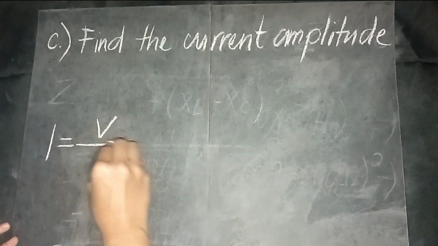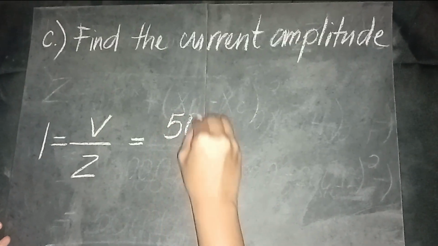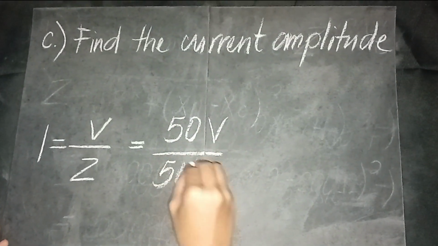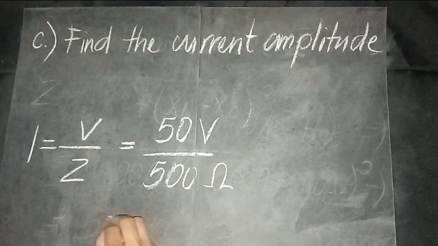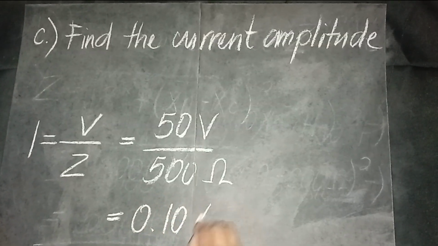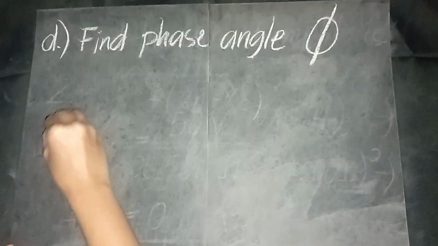Next is the current amplitude, where I is equal to V over Z, which is 50 over 500. So the answer is 0.10 amperes. So this is our current amplitude.